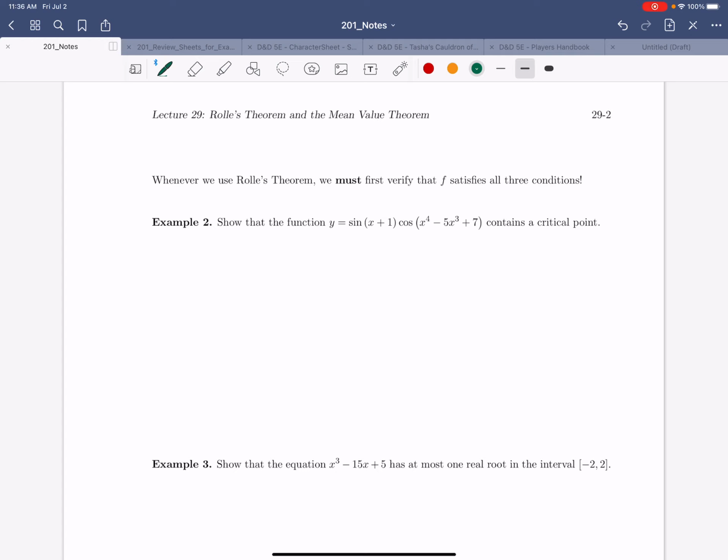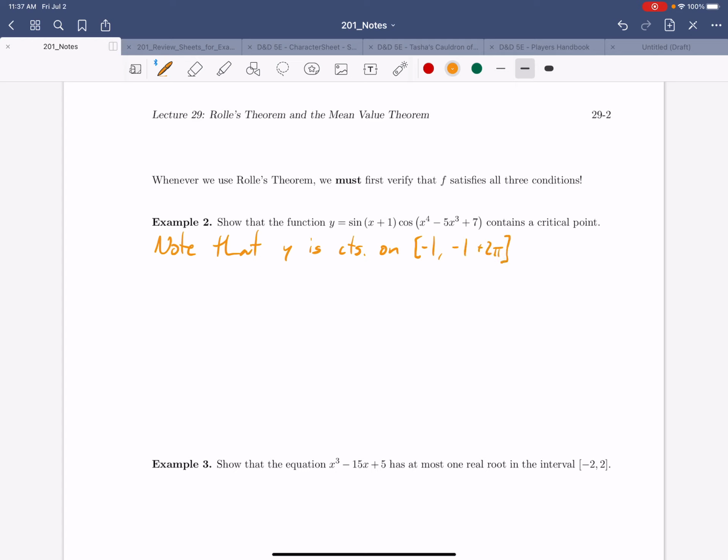So instead what I'm going to do is say, note that y is continuous on, I'm going to choose the closed interval, -1 to -1 plus 2 pi, right?